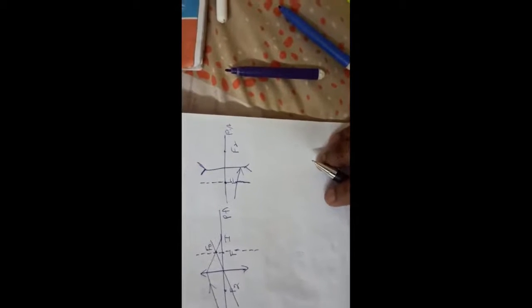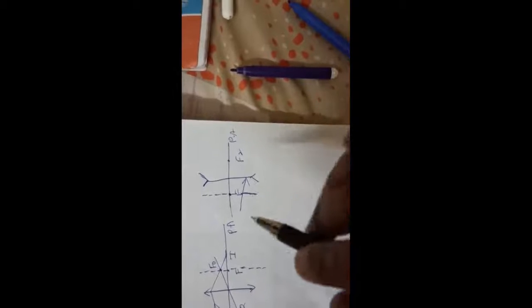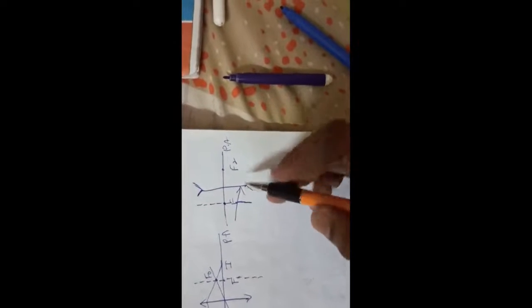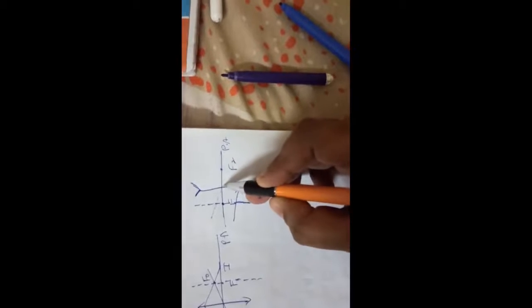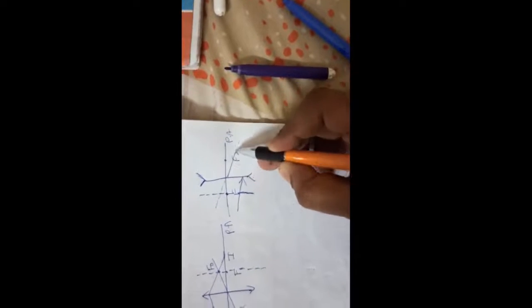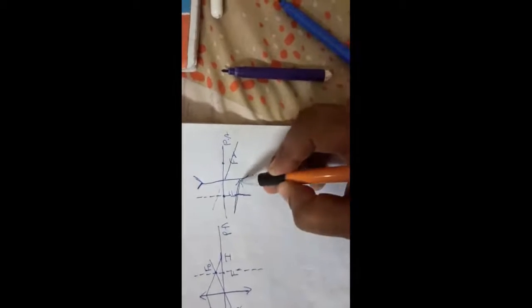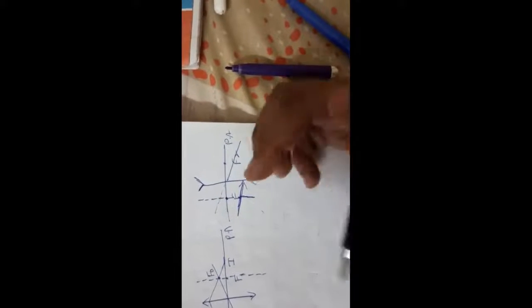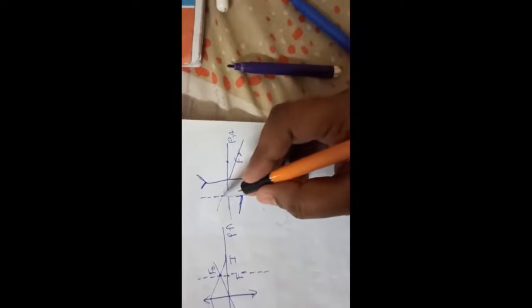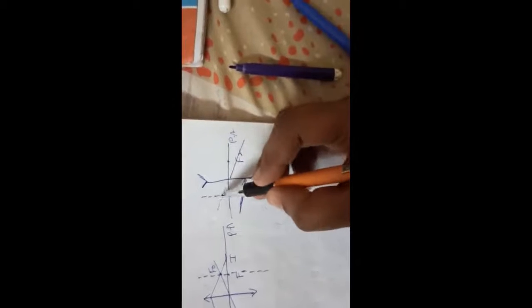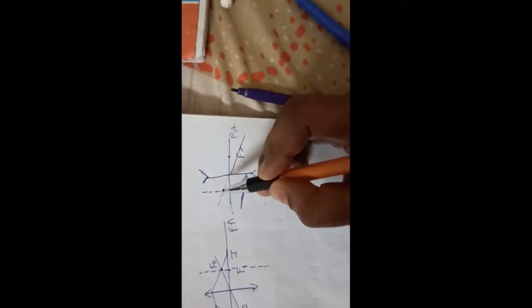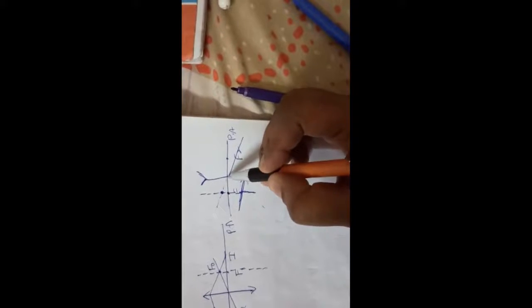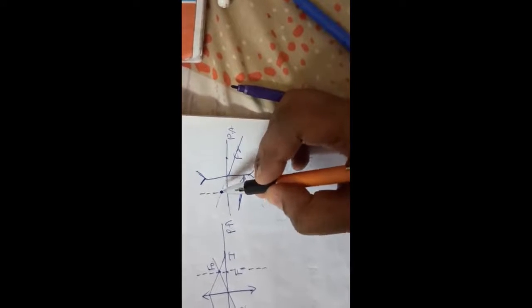This is the principal axis. So the ray here I drew, and I am drawing a parallel line to this. So here like this we can draw a parallel line to the incident light, to the incident ray. So where the point of intersection we got here, the image formation will be here only. So here the virtual image will form.